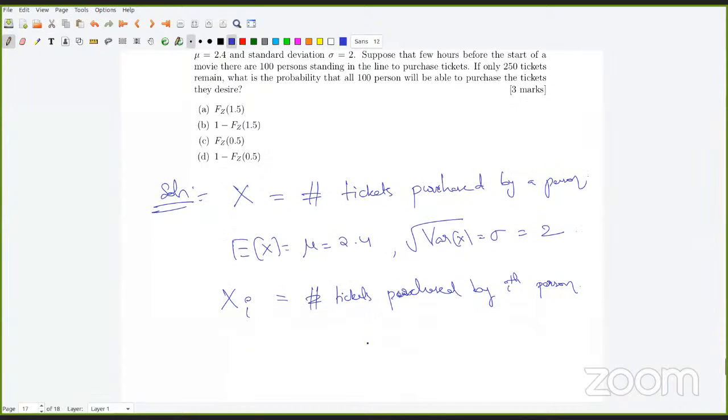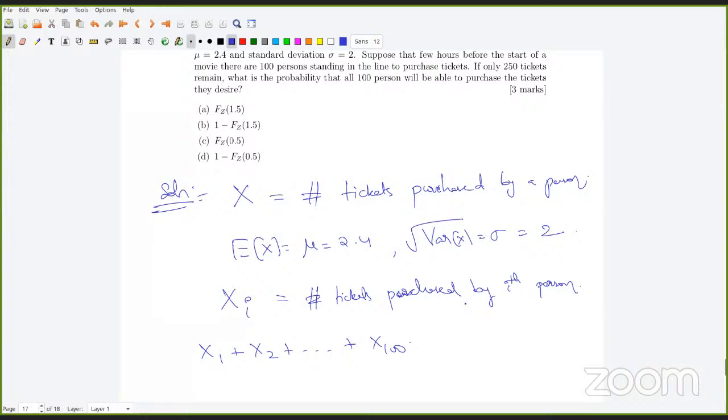So there are 100 persons, and everyone will purchase a few tickets. So the total number of tickets purchased by all those 100 persons will be x1 plus x2 and so on plus x100.